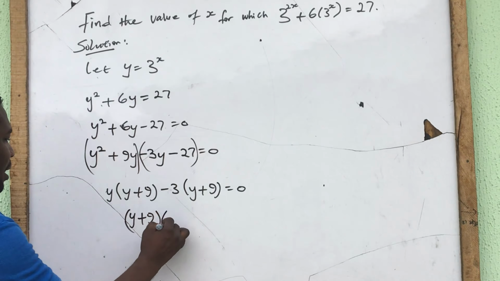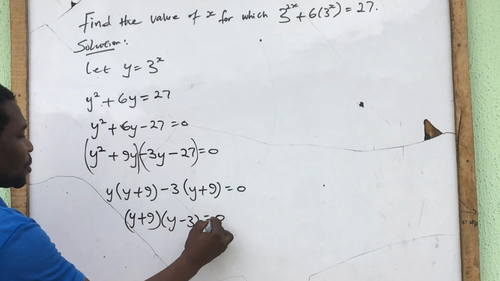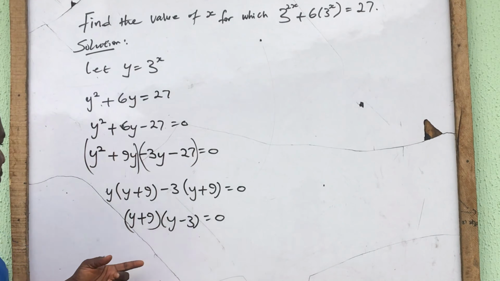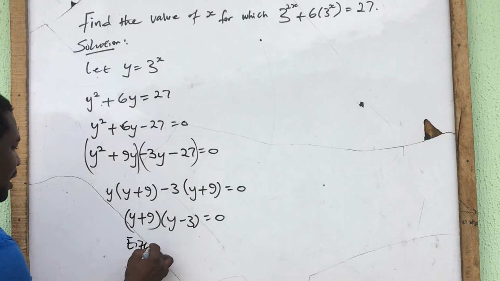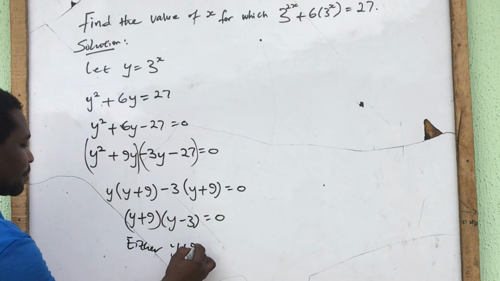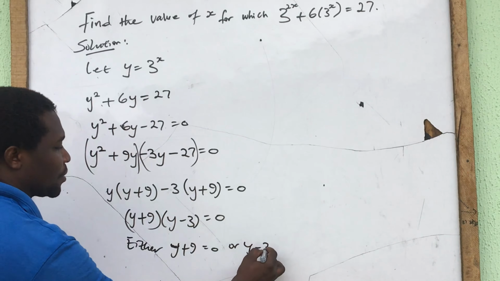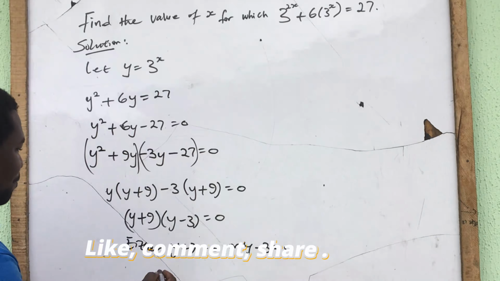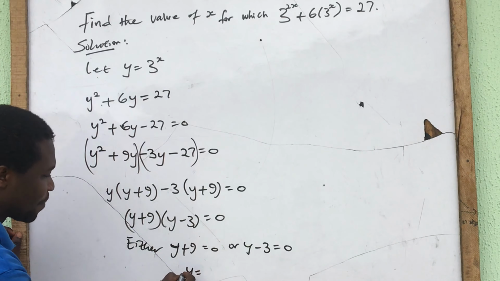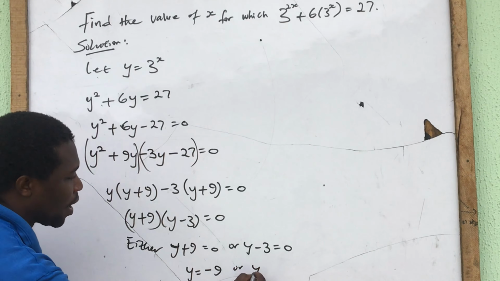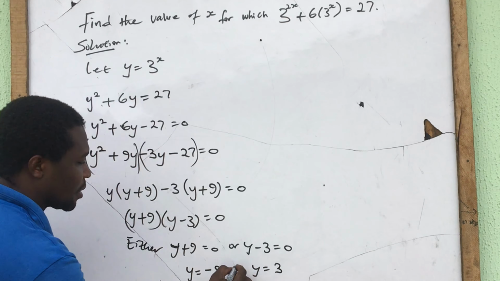That's y plus 9 times y minus 3 equal to 0. So either y plus 9 equal to 0 or y minus 3 equal to 0. So y equal to minus 9 or y equal to 3.